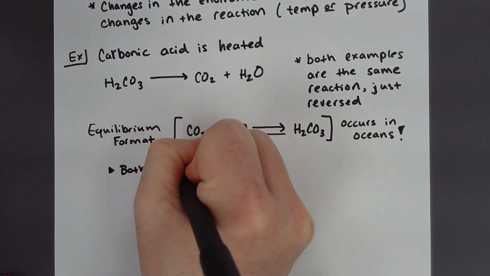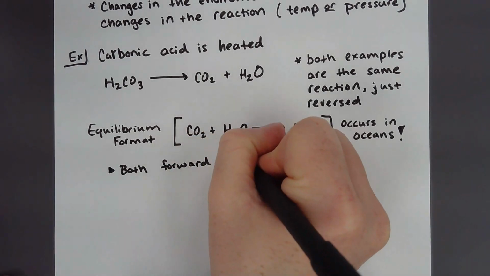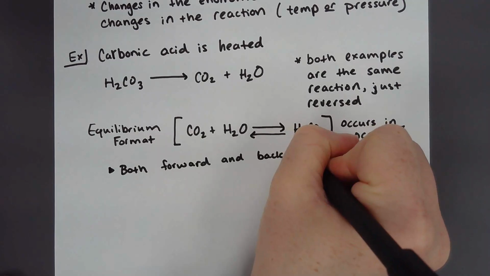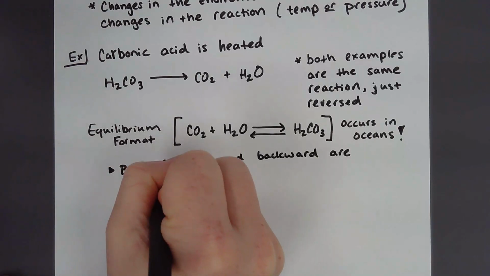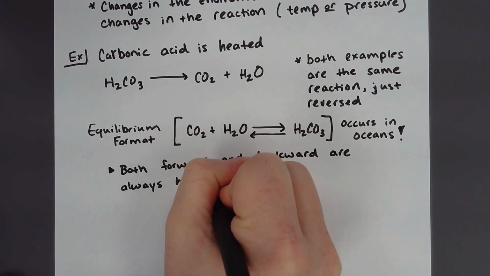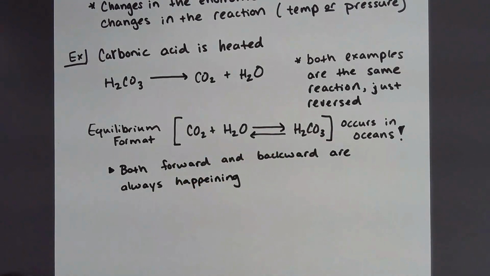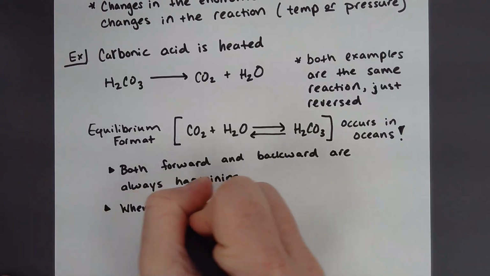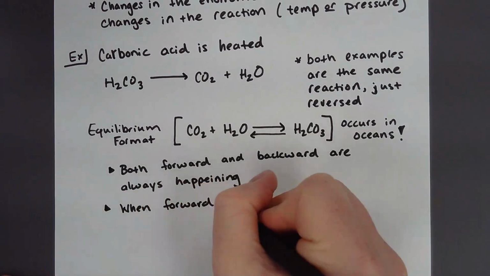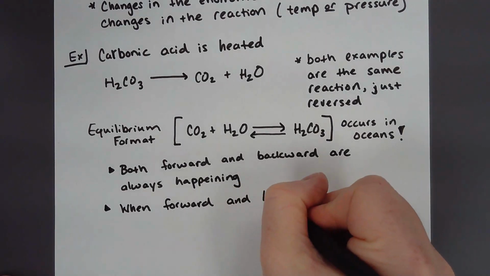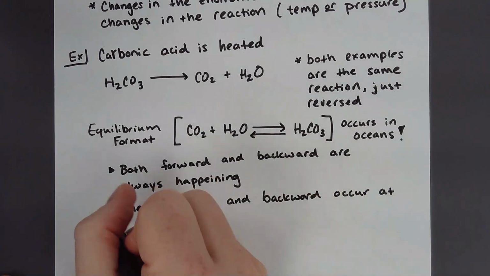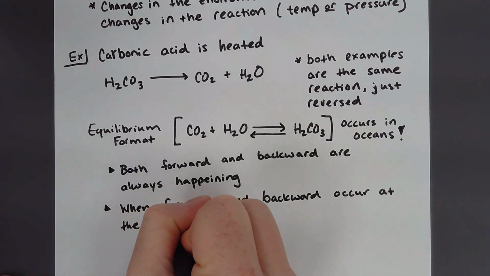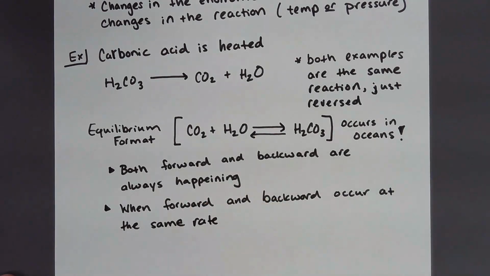Both forward and backward are always happening. When they happen at the same rate, this is what we call the equilibrium point.